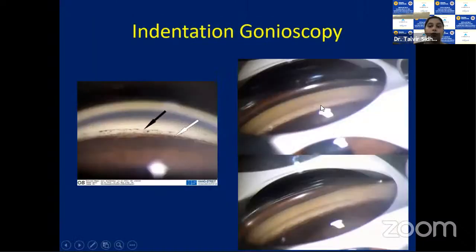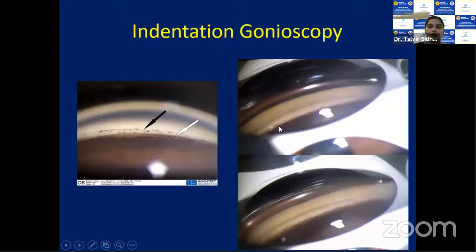And to differentiate between appositional or synechial angle closure, you have to do an indentation gonioscopy. Although your dynamic gonioscopy gives you an idea whether or not you have to do YAG-PI, in very few cases you might have to do indentation gonioscopy to look for appositional versus synechial angle closure.